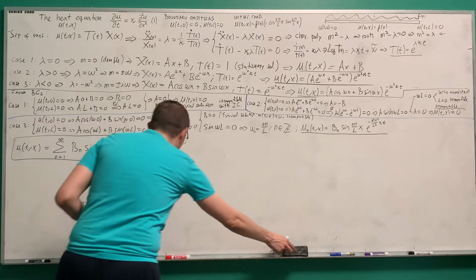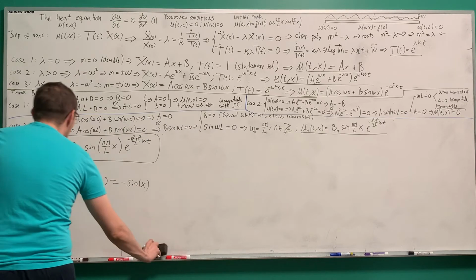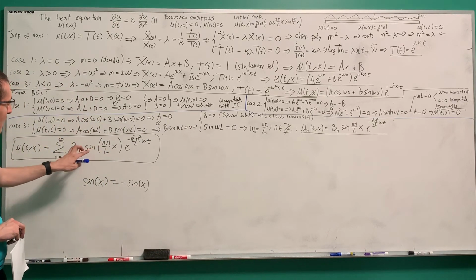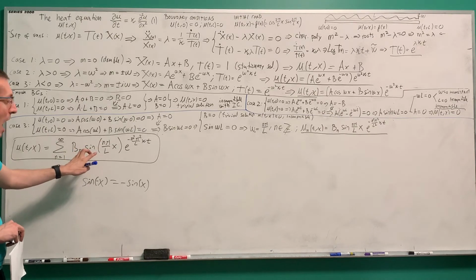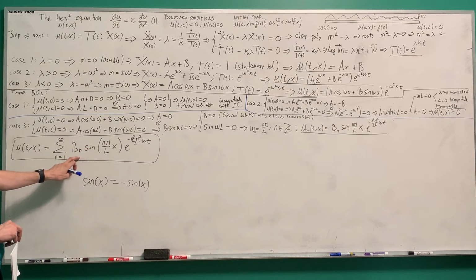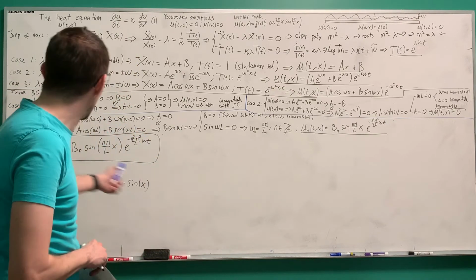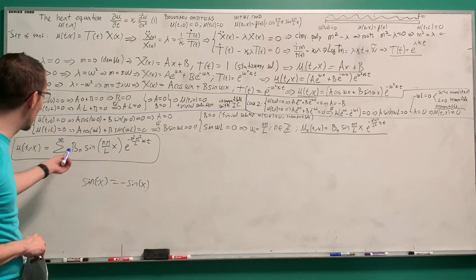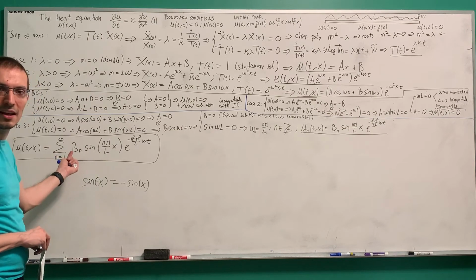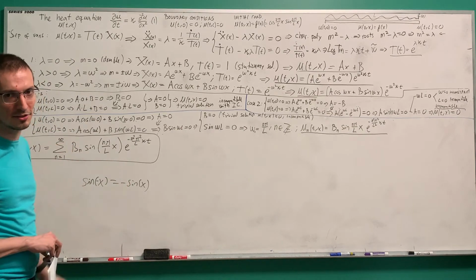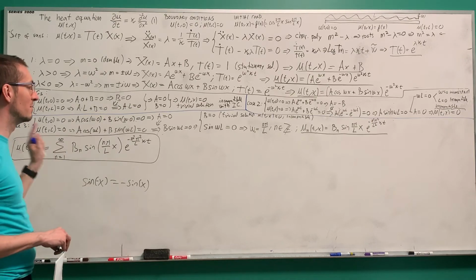By that I mean that whatever constants multiply the negative values of n can also be reabsorbed in the constant that multiplies the positive n, because it's just a minus sign of difference between them. The minus sign is a constant that I can reabsorb into the general constant bn that I have not determined yet. That's why I have 1 to infinity.